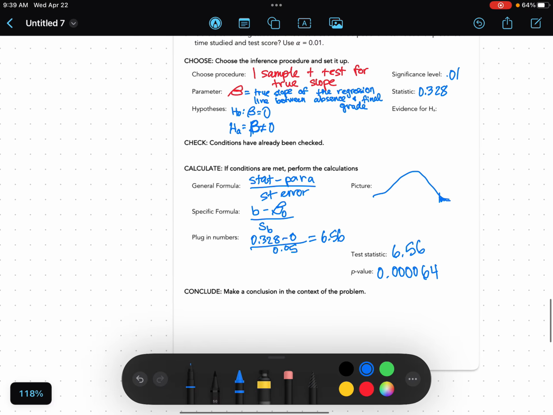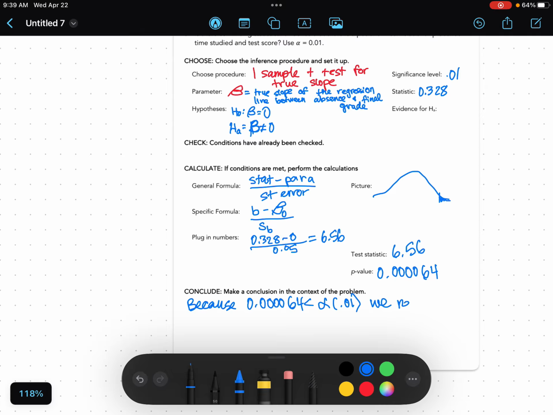So, make a conclusion in the context of the problem. Because our p-value, 0.000064, is less than alpha of 0.01, do we reject or fail to reject?